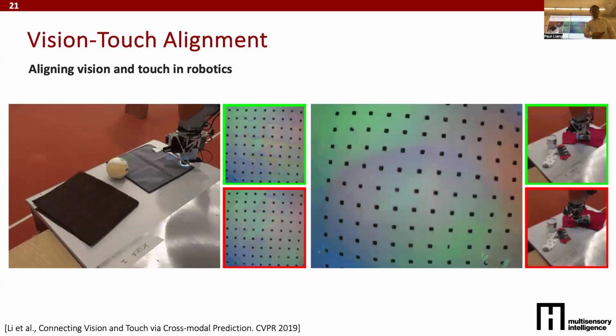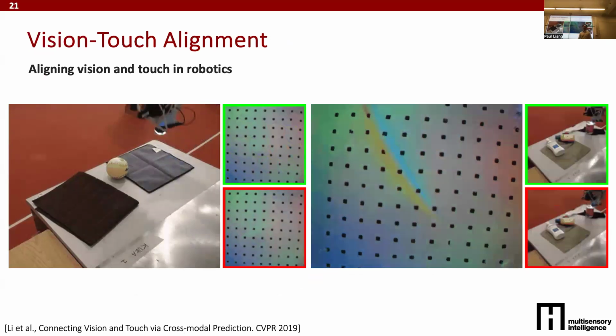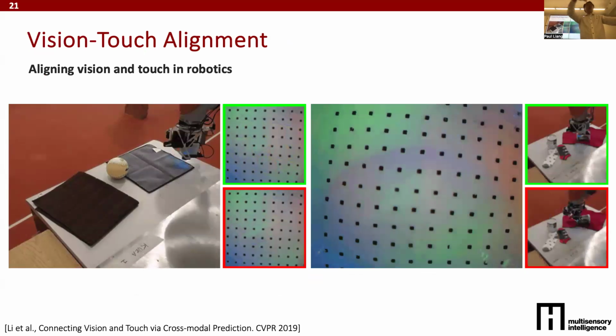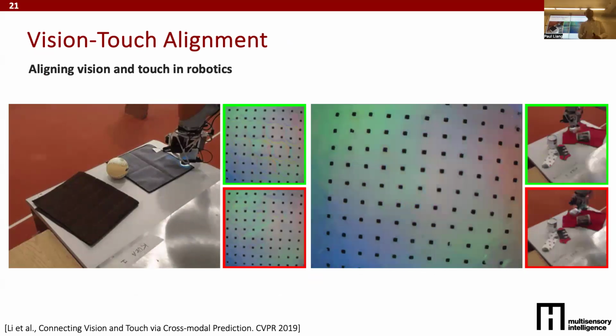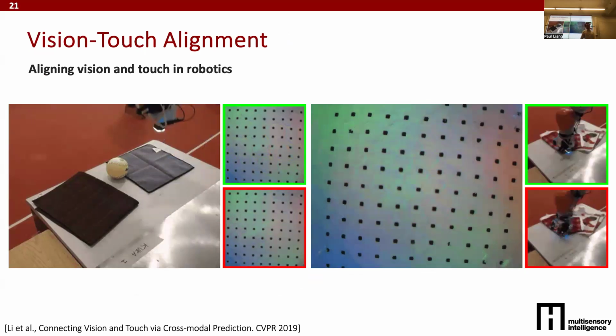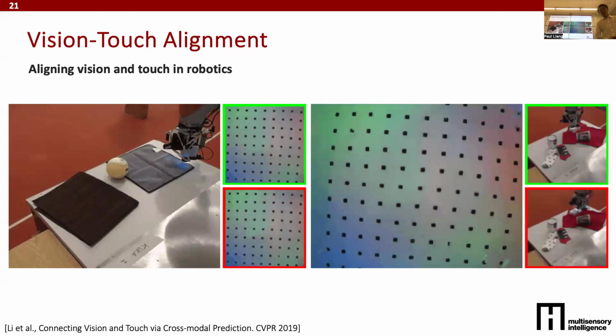Here's some more cool evidence. Some people call this cross-modal prediction. This is a robotics example where you have robot arms manipulating different objects, and you had vision and touch. Vision will be from cameras like that, and touch would essentially be whatever force the robot feels while manipulating that object.